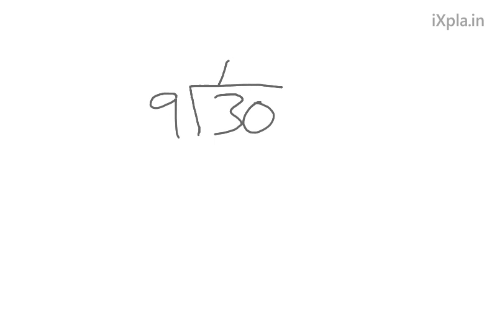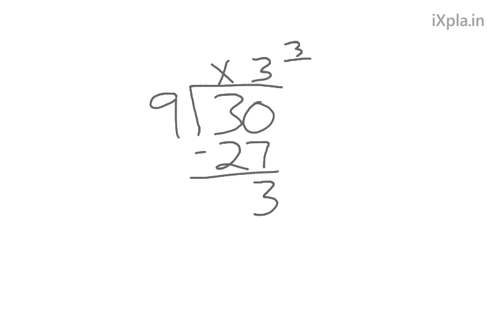D. D is 30 divided by 9. 9 does not go into 3. It does go into 30. 9 times 3 is 27. Subtract, we get 3. And so we come up with 3 and 3/9, but there's a problem there.